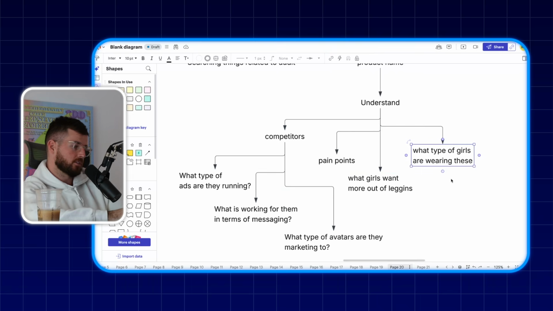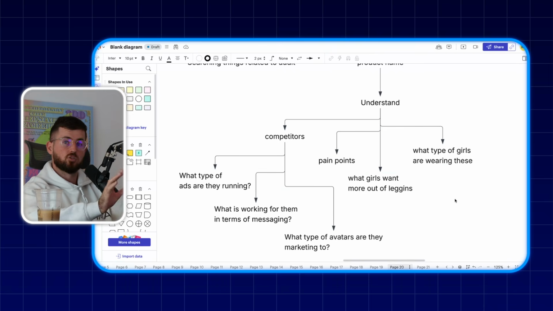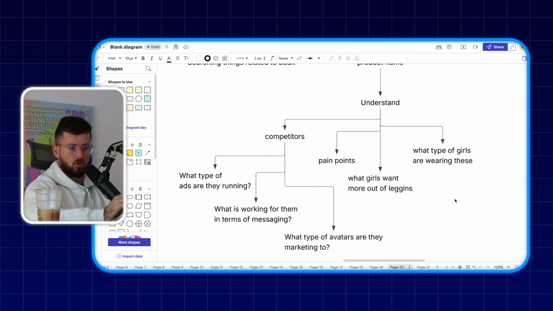But what we've noticed here is that everyone else is marketing to girls who do weightlifting, powerlifting and stuff, and girls who run and girls who do yoga, but no one is marketing leggings to girls who do marathons, or ultra marathons, or pickleball, or Pilates, for example.